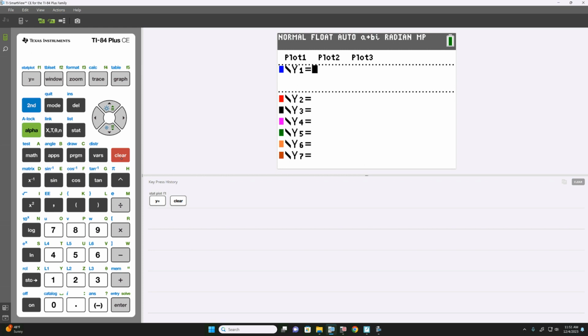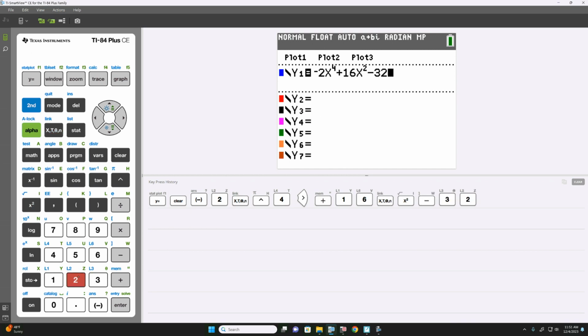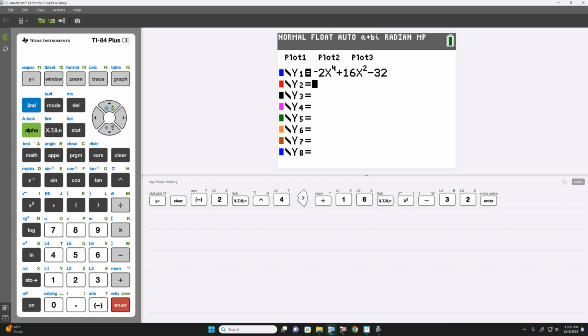So the first thing we're going to do is hit y equals. If there is something typed into the first one or any of them, I would clear it out. And we're going to type this in. So our negative 2x to the fourth plus 16x squared minus 32. Negative 2x, and then our caret key to the 4.